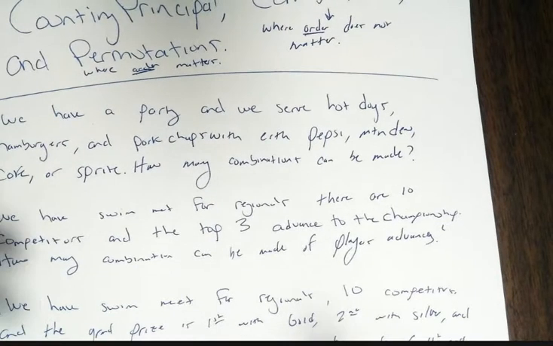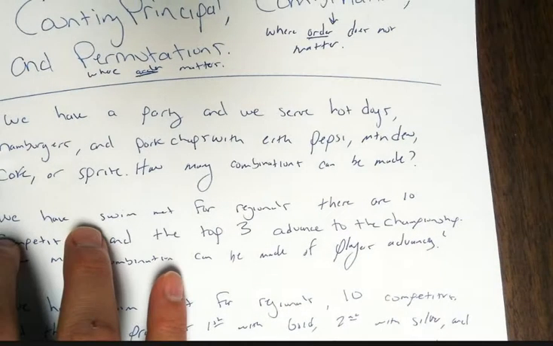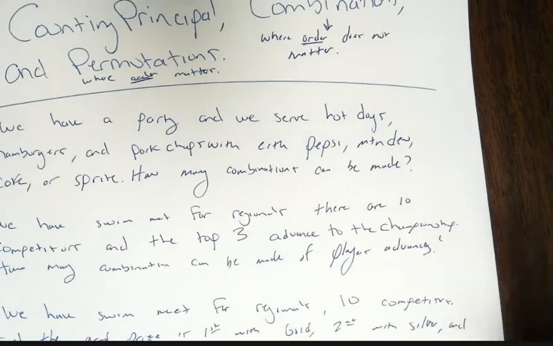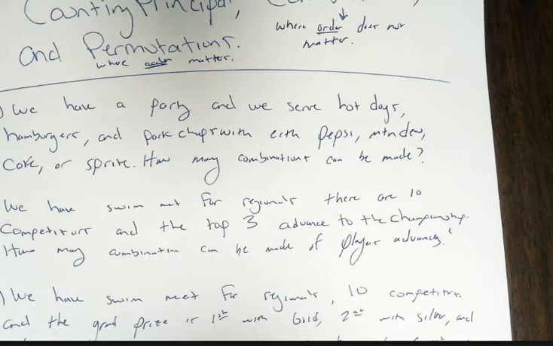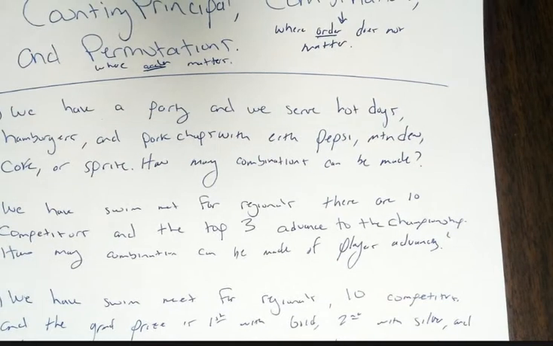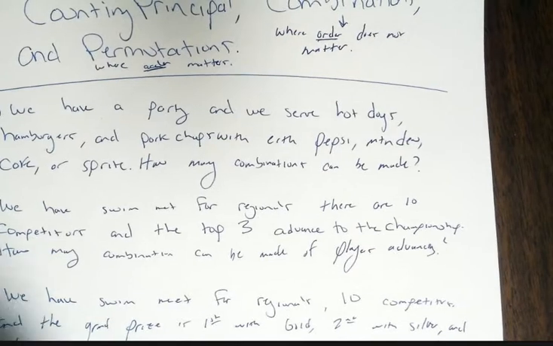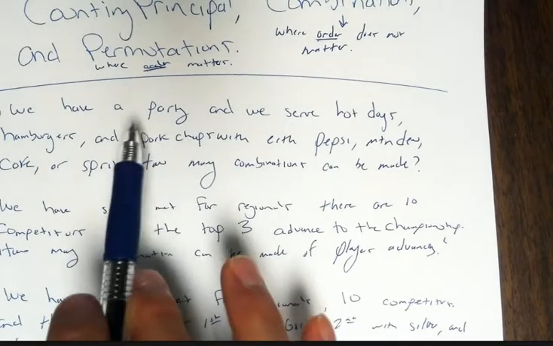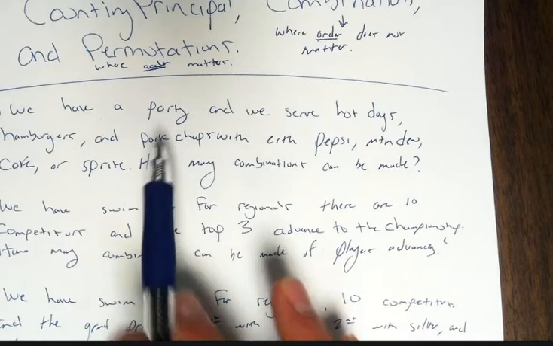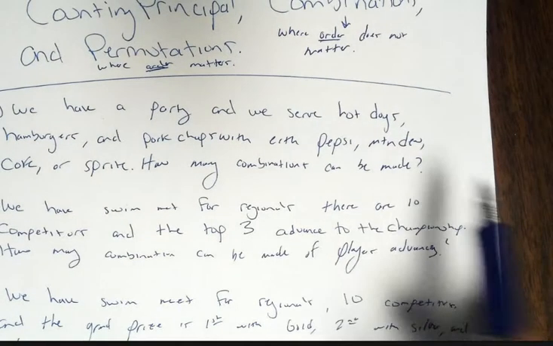But for number one, if we go to a party and we want to get a hot dog and a Pepsi, it doesn't matter what order I get it in. Do I have to get the hot dog first and then my drink? Or could I get my drink and then my hot dog, hamburger, or pork chop? So for number one, there is no order. We just go and get what we want.